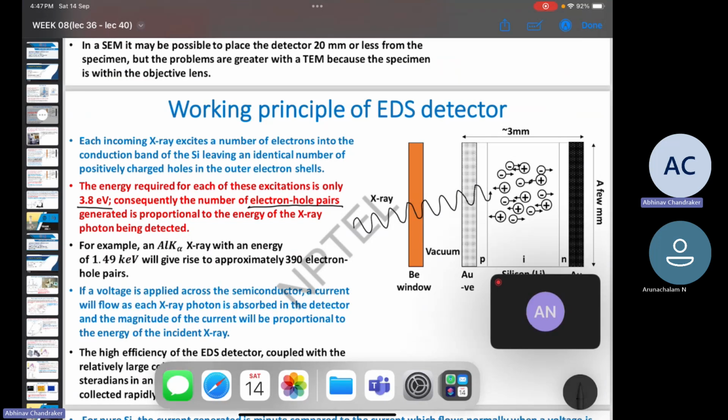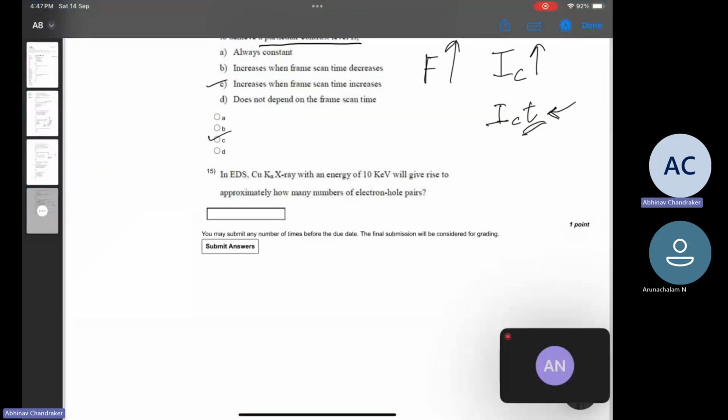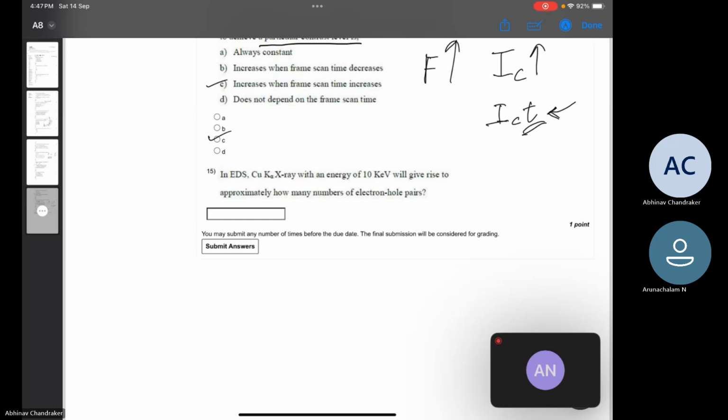So if we have a 10 kilo electron volt X-ray generated from copper, which is the K alpha X-ray from the L to K shell transition with energy of 10 kilo electron volt, then the number of electron hole pairs generated will be 10 to the power 3 divided by the energy required for generation of one pair, 3.8 electron volt.